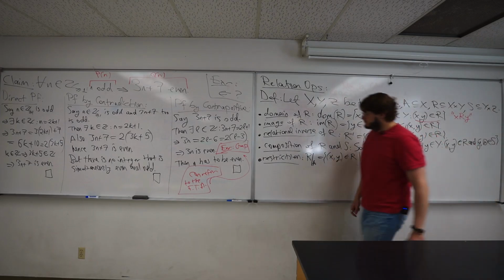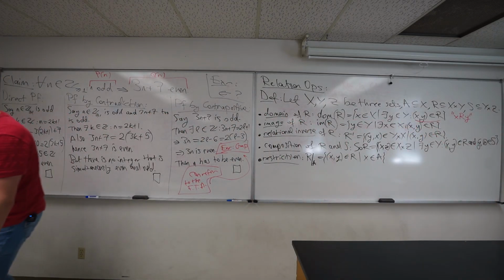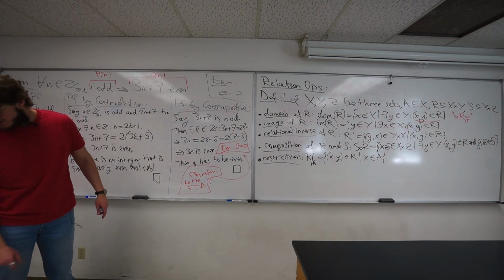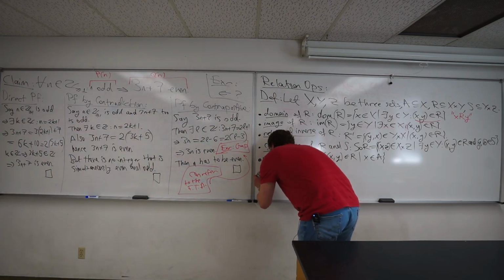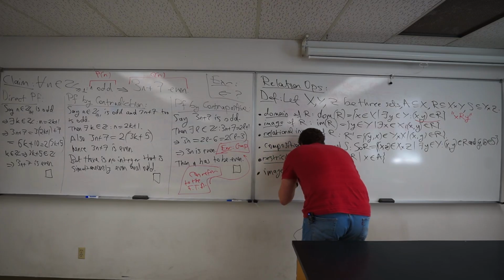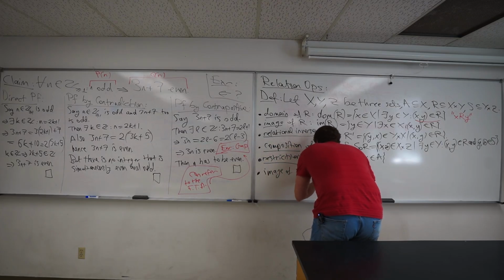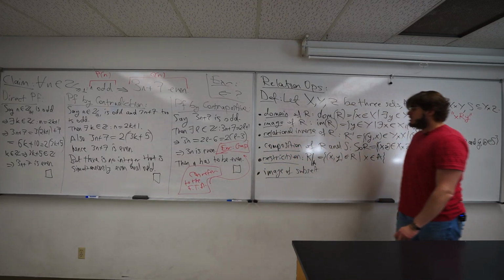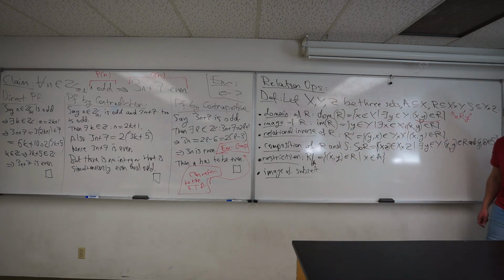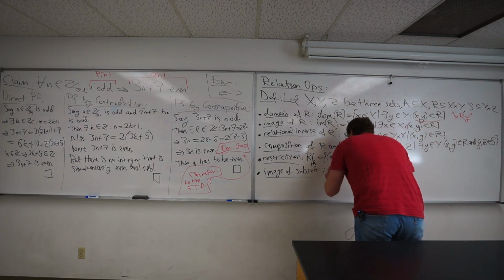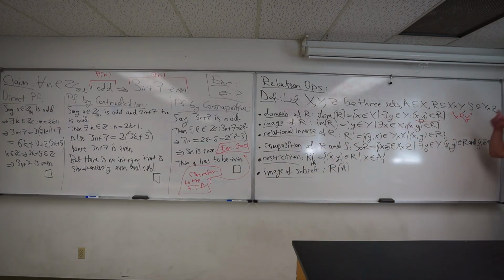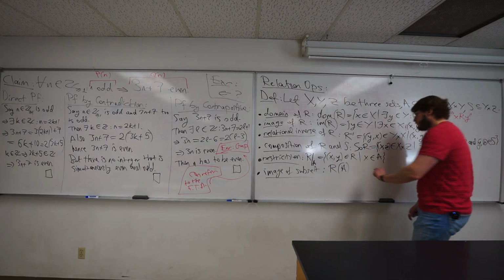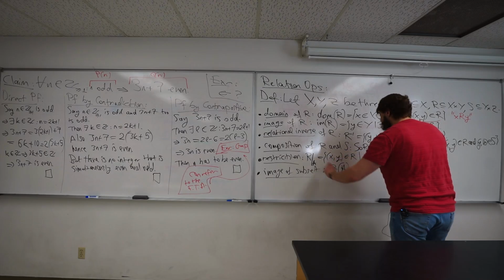One final thing. I know this is a lot of definitions. We're going to be done with these formalities soon. The image of A under R I'm going to denote by R of A. And this is nothing but the image of this restriction.